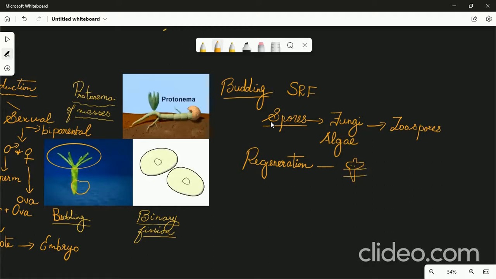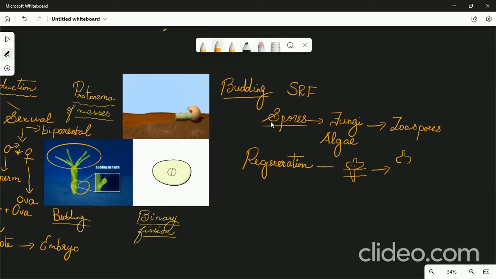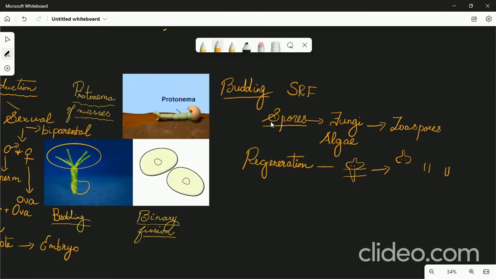I'm breaking its parts into different regions. So the head is separated, the body has been separated, and the tail region is also separated.